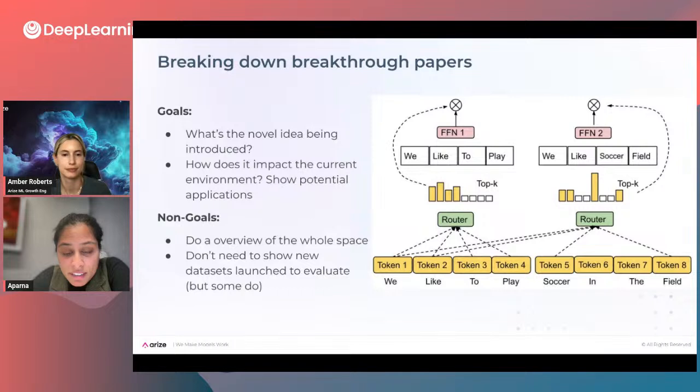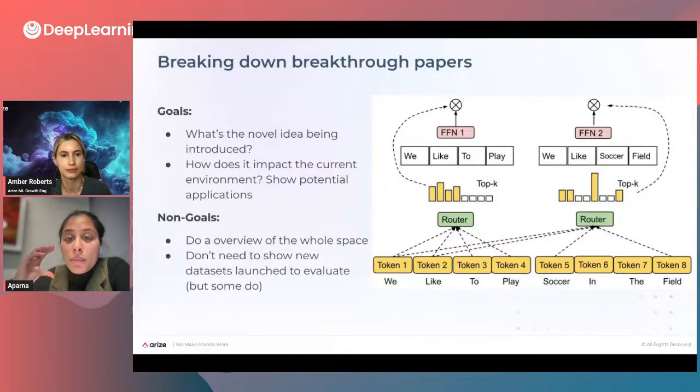Maybe you can go to the next slide, Amber. Yep. Some high-level key points on what you're trying to do when you read a breakthrough paper. For folks who've been asking in the Slido how you distinguish between a good paper and a bad paper, or which ones to spend time on: just ask what you are trying to read.